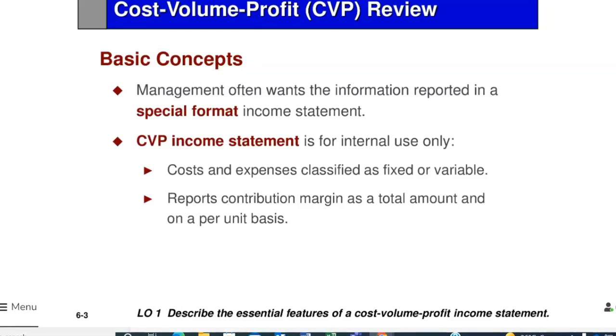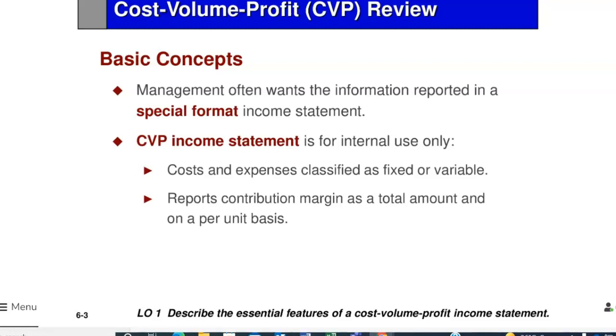The basic concept here is that the information is reported in a special format, the income statement. So what we're talking about is we take the income statement, which is the actual revenue and the actual expenses that has been presented from past year's operations.